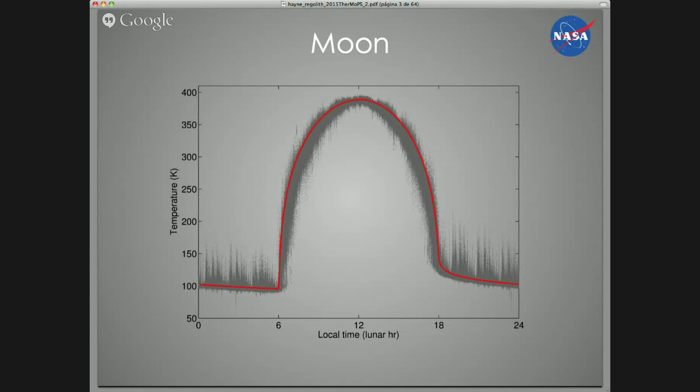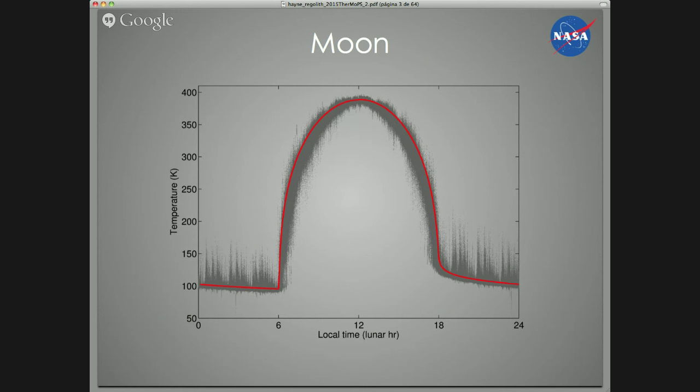What I wanted to point out is that what you're seeing here in the data is not noise. Every single one of these points is telling you something about the thermophysical or thermal behavior of the lunar surface. What I'm going to do in this talk is basically go through each different part of this thermal curve and talk about what those different parts of the curve are telling us.